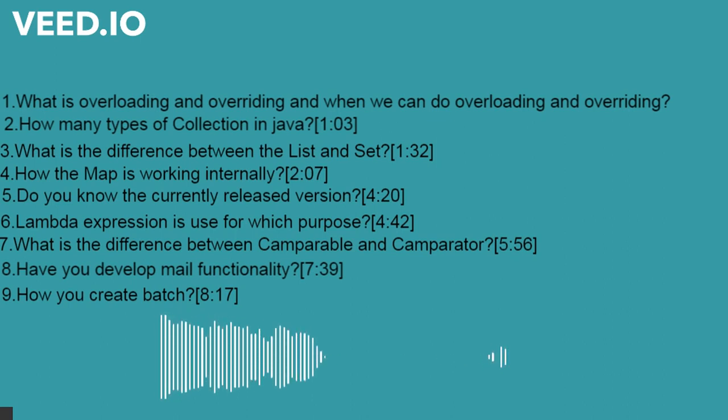In Comparable, we write the code in the class itself, in the Employee class. So if we are sure that we can make changes in the original class, then we can go for Comparable. But if we don't want to make changes in the original class, we should go for Comparator. There we create a new Comparator class, and we use the object of that Comparator to compare.